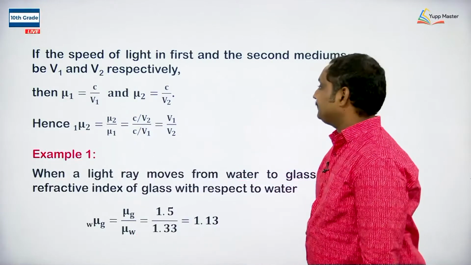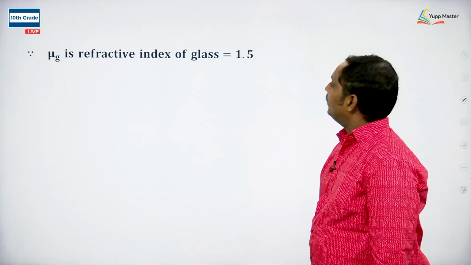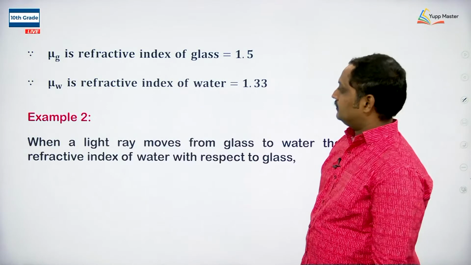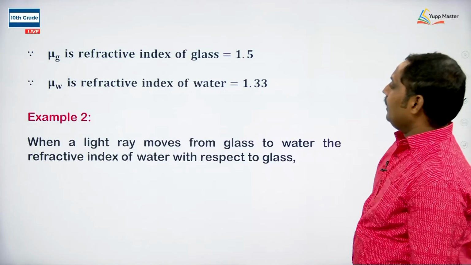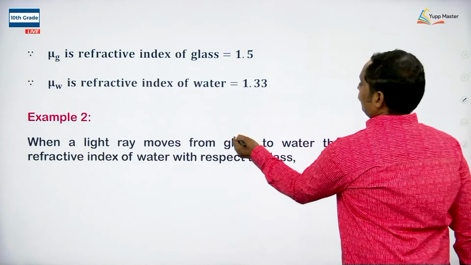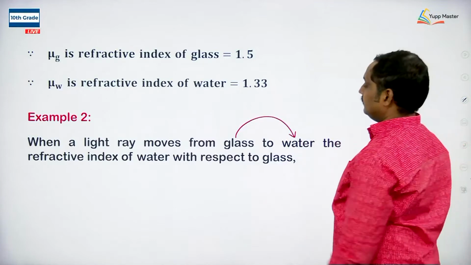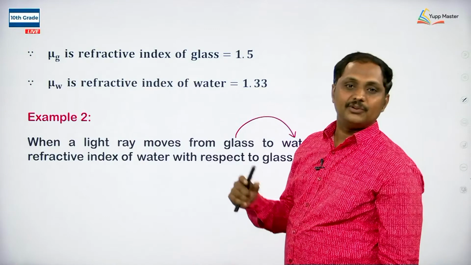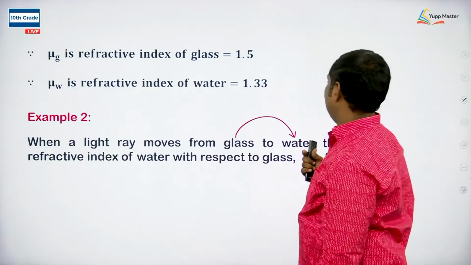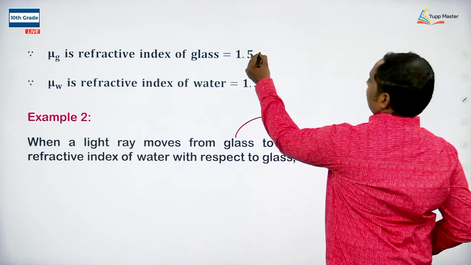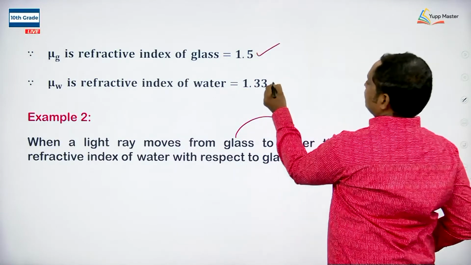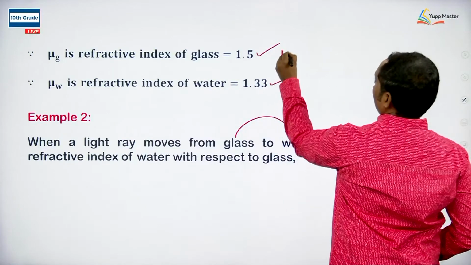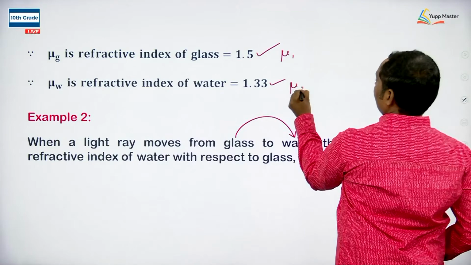That is very clear. Let us take one more example. When a light ray moves from glass to water, as compared to glass and water, the refractive index of glass is more as compared to water. That is given. Let us assume this is mu 1, this is mu 2.